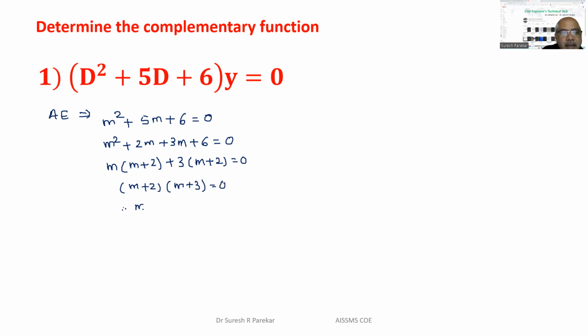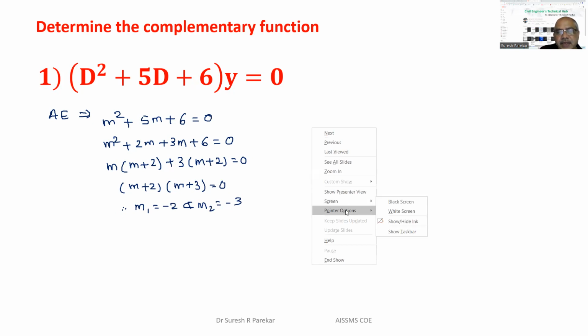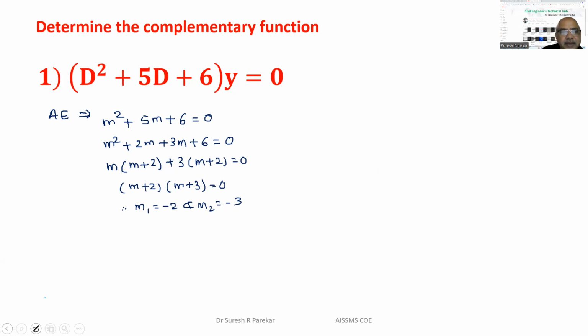And therefore we have m1 is equal to minus 2 and m2 is equal to minus 3. So knowing these values of the factors, we are in a position to write the complementary function for this.